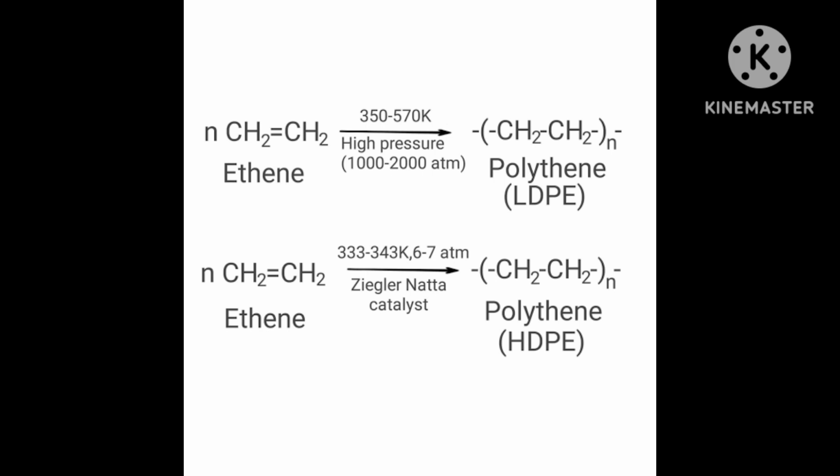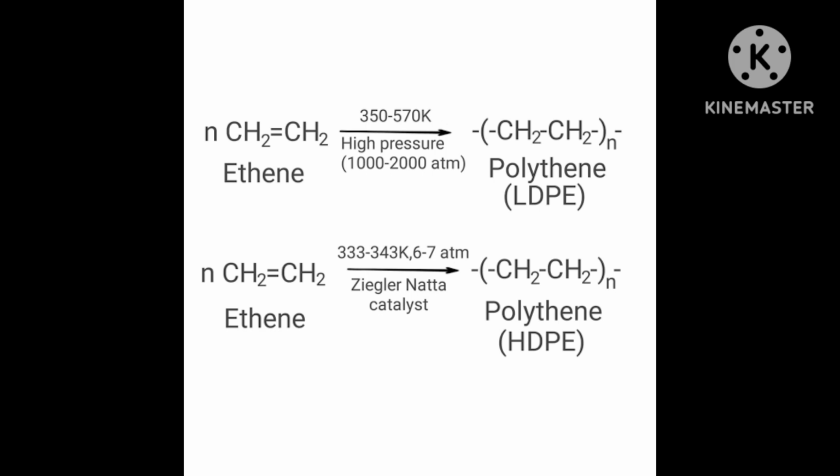Here again you are using peroxide as initiator. Pressure is very high, 1000 to 2000 atmospheres. Temperature is 350 to 570 Kelvin, and in the presence of dioxygen. Dioxygen means oxygen gas, or peroxide, any one.